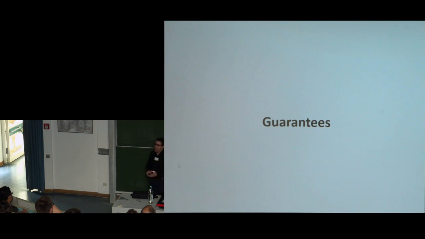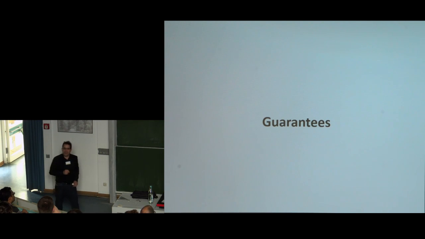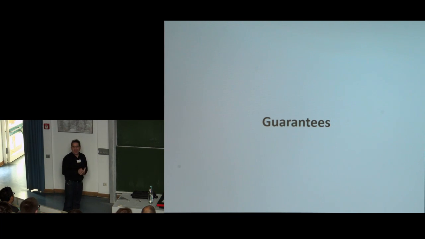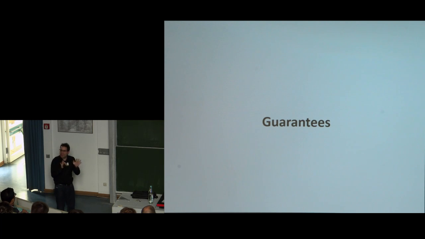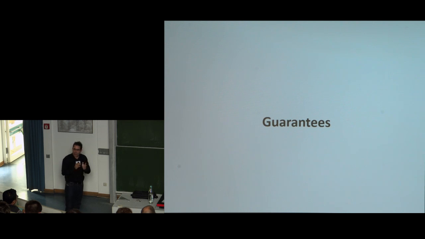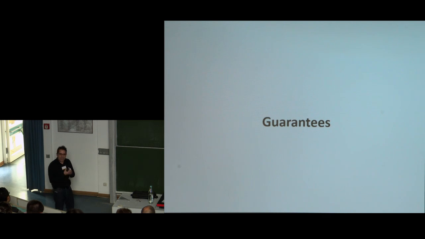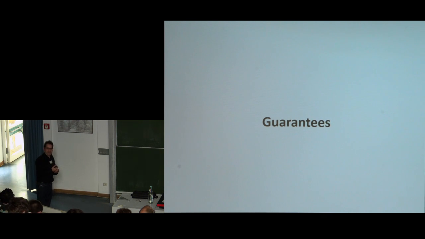Still have time. Now I want to discuss with you some guarantees. Let's say this is an overview of different approaches, where one is very greedy, the other one a more integral formulation where we minimize the error. What about the guarantees? For some applications you need some guarantees.